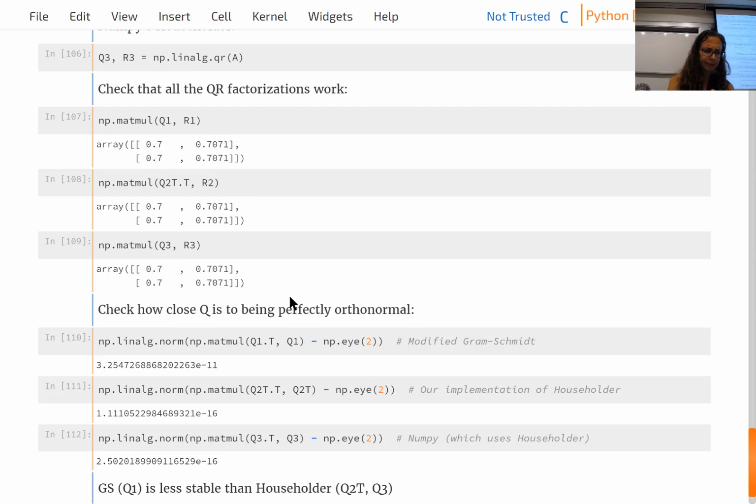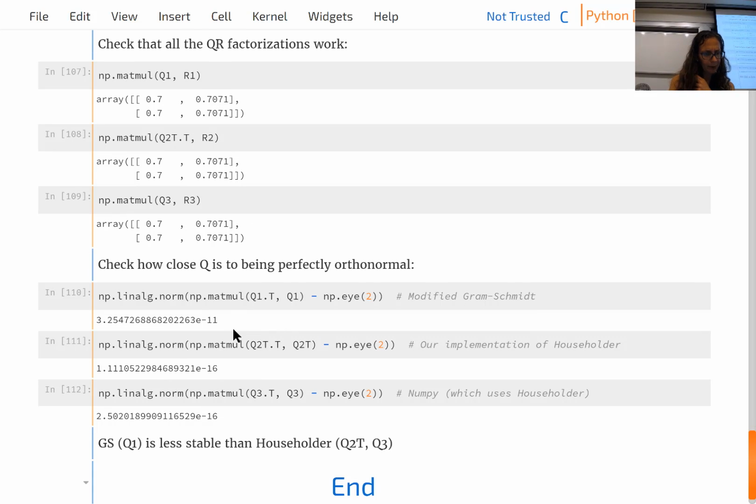To get a measure of how close Q is to being orthonormal, we'll take Q times Q transpose minus the identity. If it was perfectly orthonormal, what would Q times Q transpose minus the identity be? I heard someone whisper it, but yeah, 0, because if it was perfectly orthonormal, Q times Q transpose would be the identity.